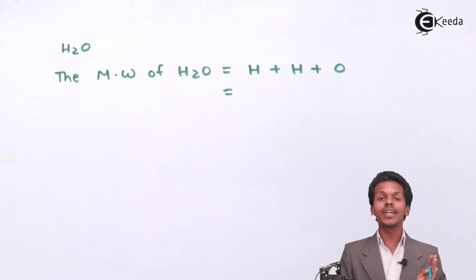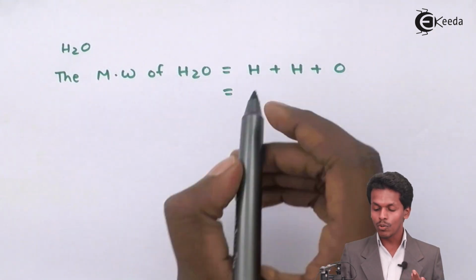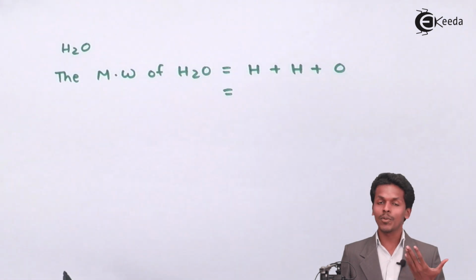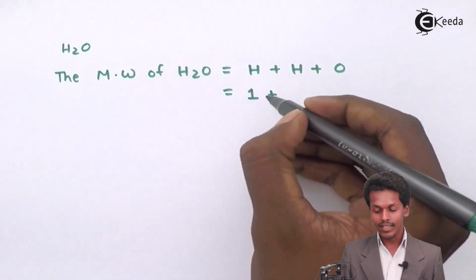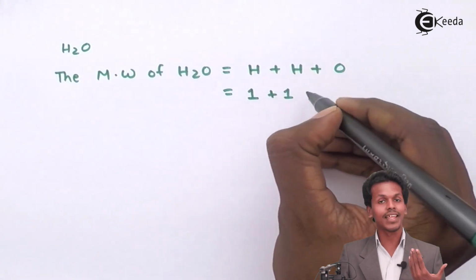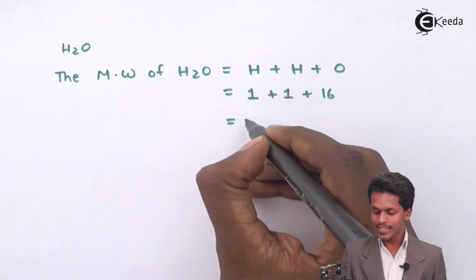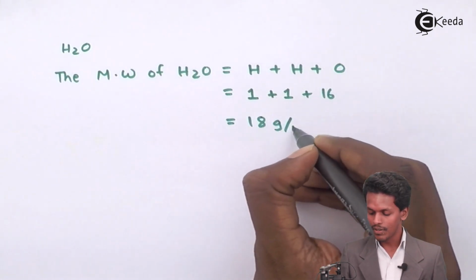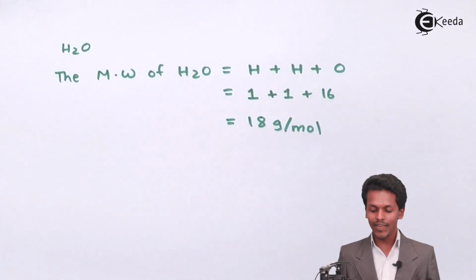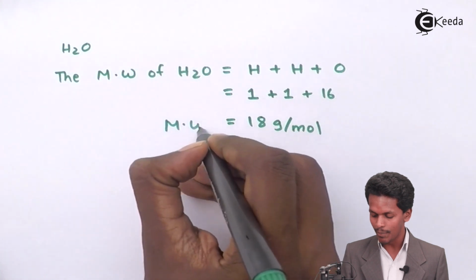This means I have separated the water molecule into atomic form, and I know that the atomic weight of hydrogen is nothing but 1, again there is hydrogen, again it is 1 gram per mole, while that of oxygen is 16 gram per mole. Therefore, I have got 18 gram per mole. This is the value that we have got for the molecular weight of water, that is, MW.